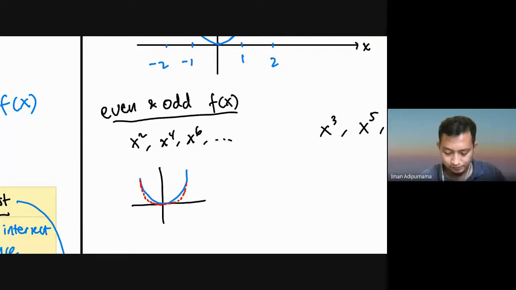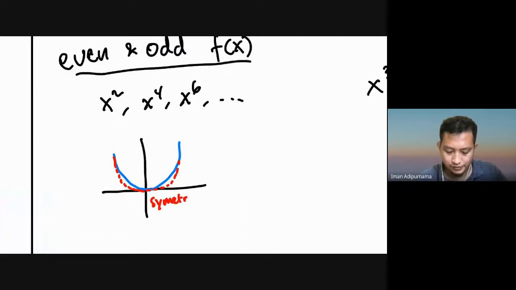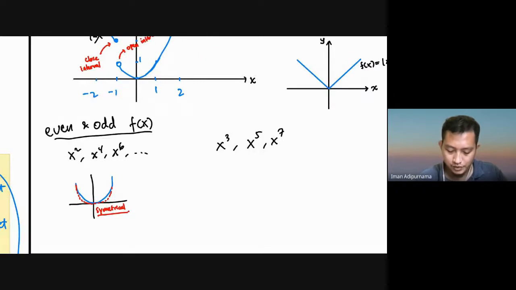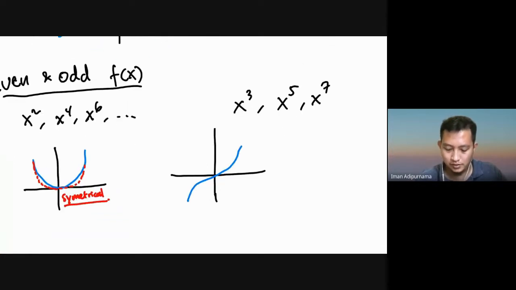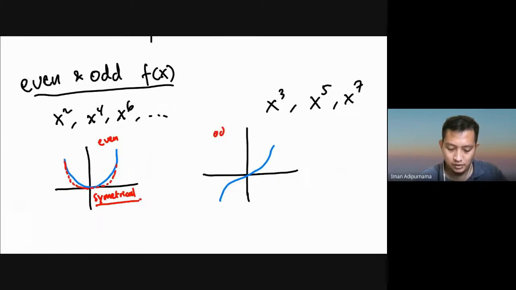You increase the number, and you get a little bit larger than before, but it's still a similar, symmetrical graph, right? And you have the other one here, similar, x cubed with 5, with 7, and so on. You will get this. Okay, so pretty much we get the even and odd.